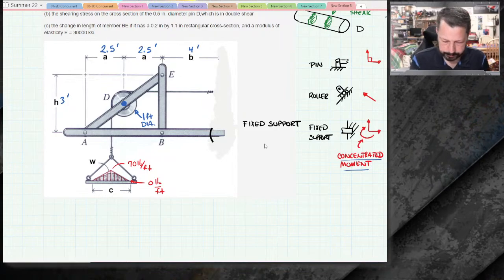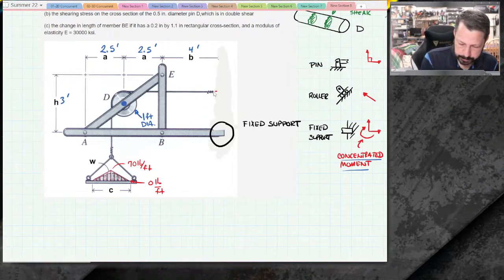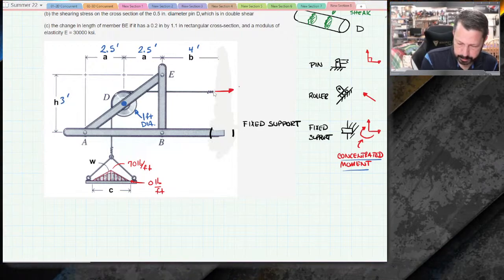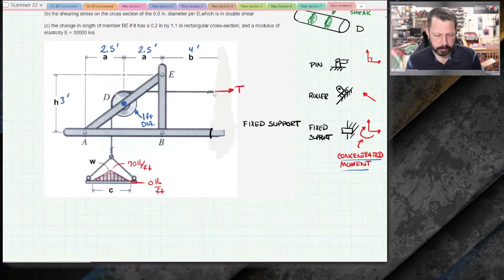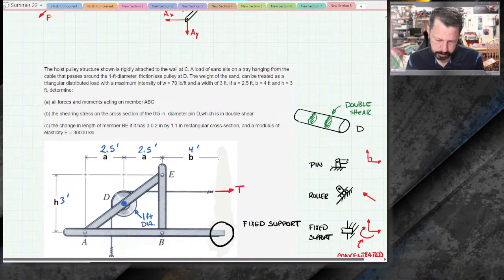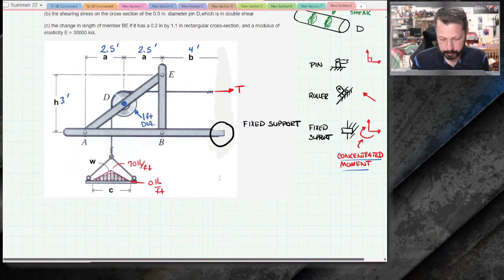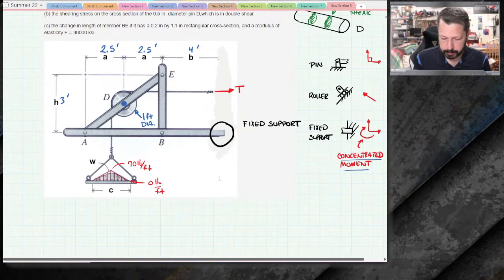All right, good enough. So the cable over here, I'm just going to give it T. I don't even know if it asks for the tension in the cable. Yeah, it doesn't. So we're just going to give that T. We can find it right away, but I'm going to give it a variable T right now.